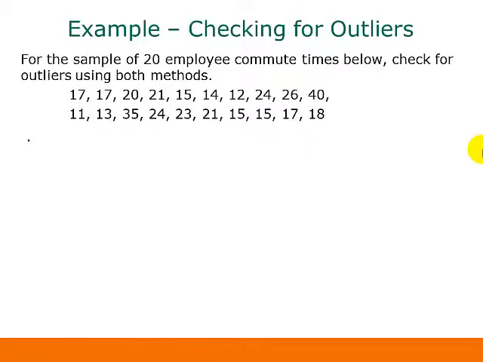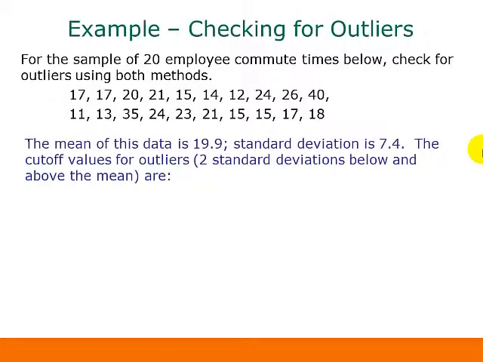Here's a sample of 20 employee commute times, and we're going to check for outliers using both of the two methods. So the mean of this data is 19.9 and the standard deviation is 7.4.